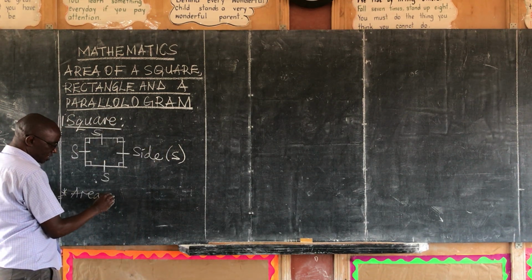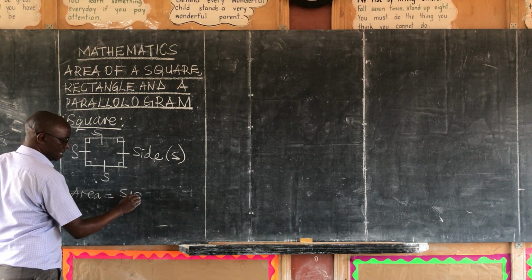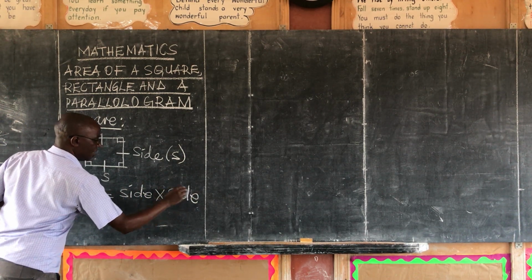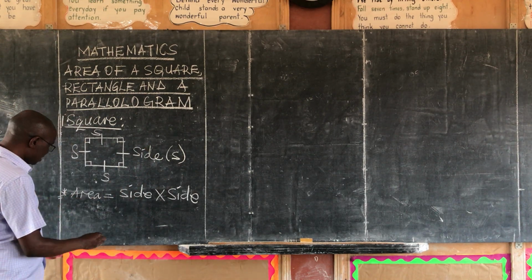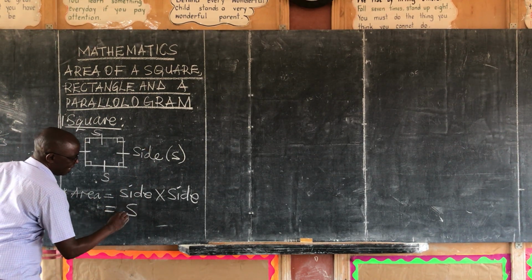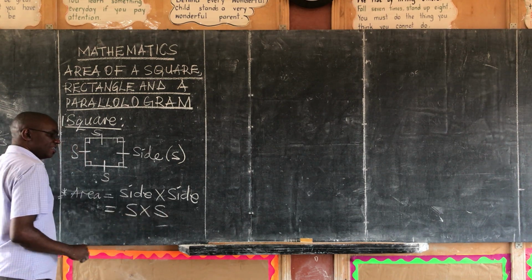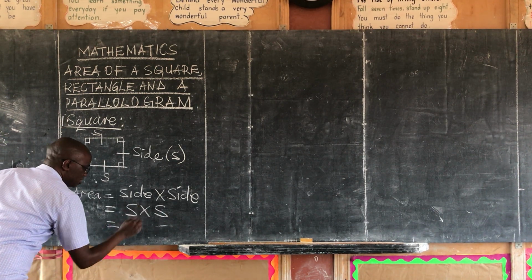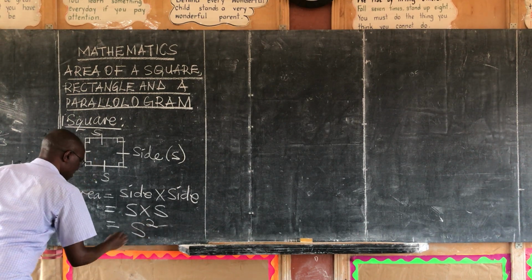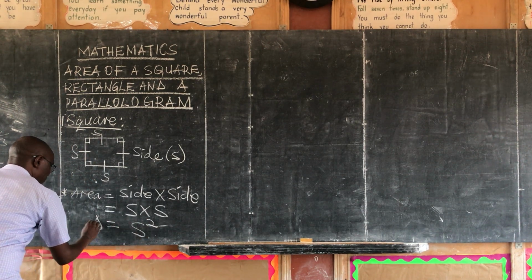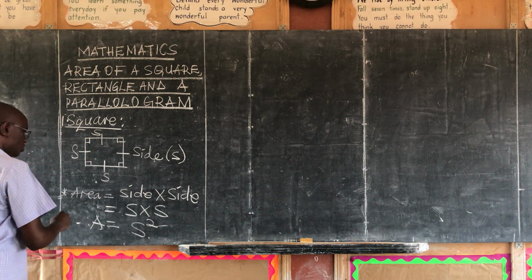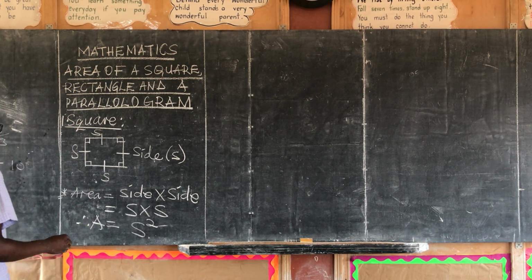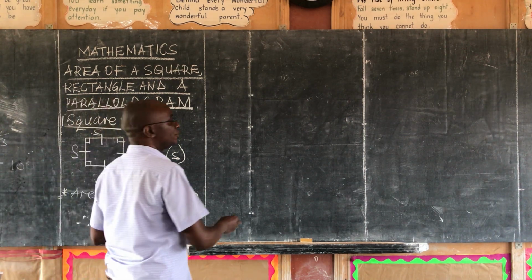Area of a square is equal to side times side, which is the same as S times S. When you multiply S times S, you get S squared. Therefore, area of a square is equal to S squared. So, example.